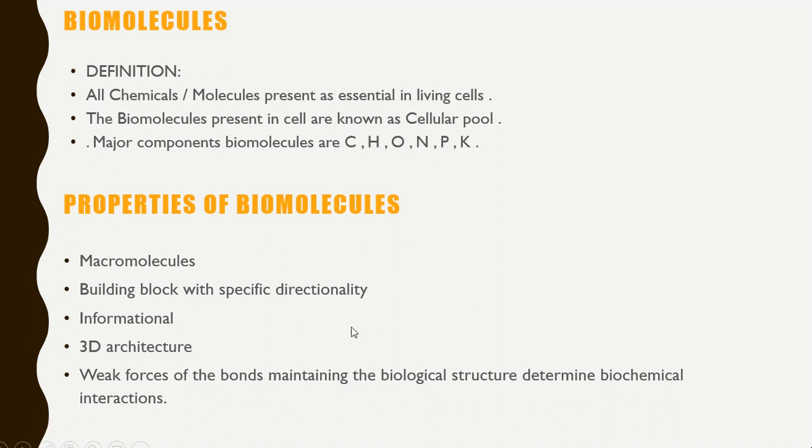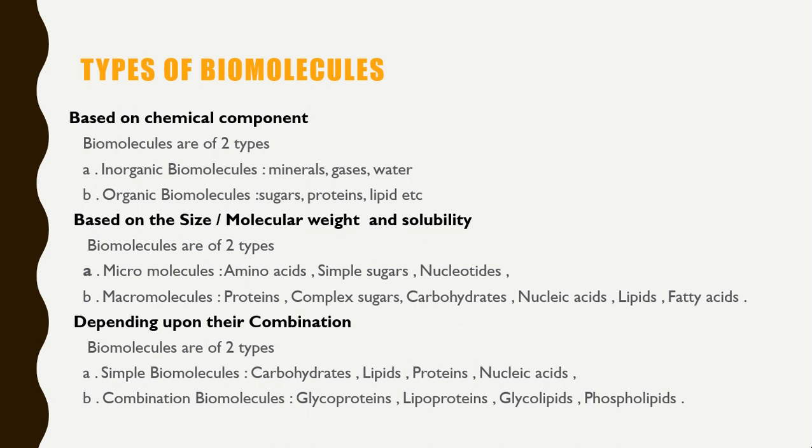So let's see the different types, or the classification, of biomolecules. Here is a classification of the biomolecules depending upon several factors: based on the chemical component present in the biomolecules, based on size or molecular weight and solubility, or based on their combination with other compounds. The first one is based on the chemical component.